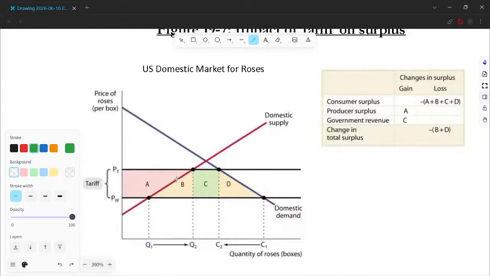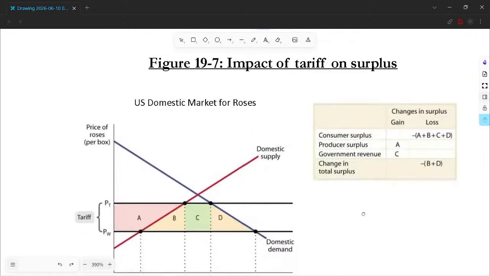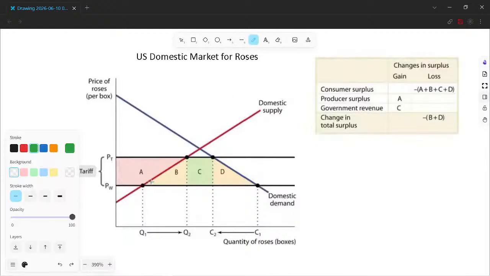Okay. So price world, domestic demand, and this is imports. Okay, so consumer surplus used to be here. Producer surplus used to be here.